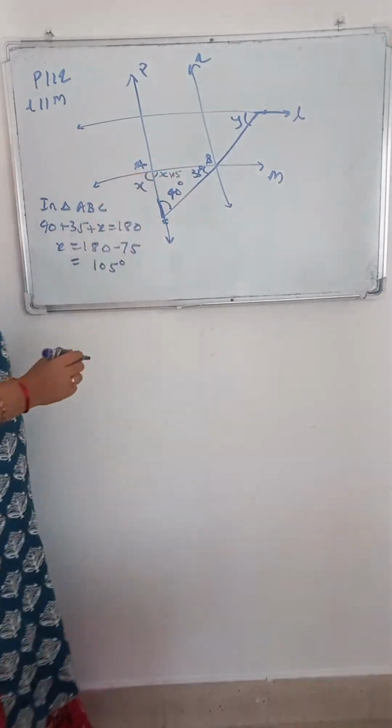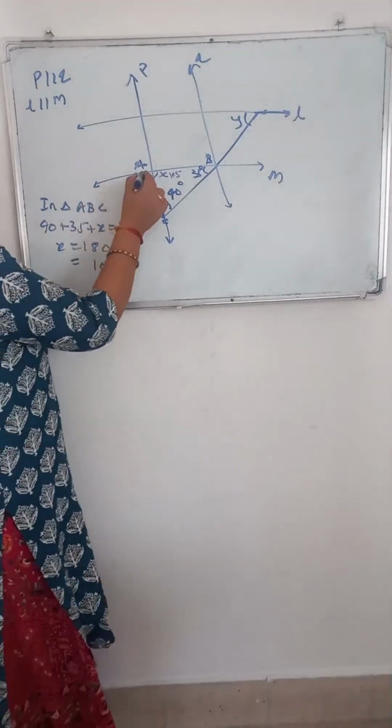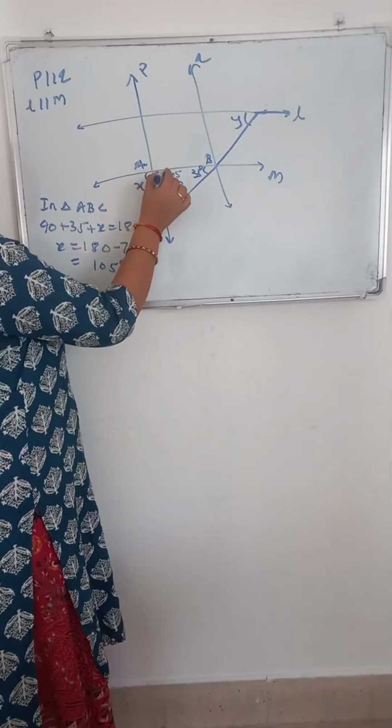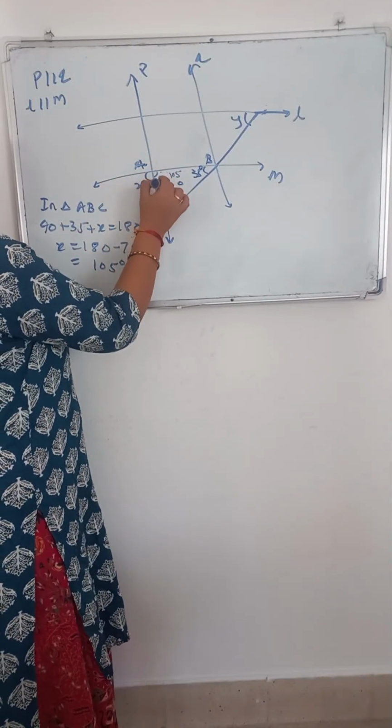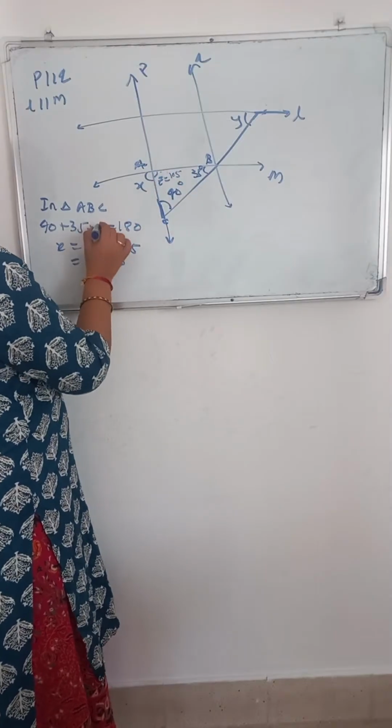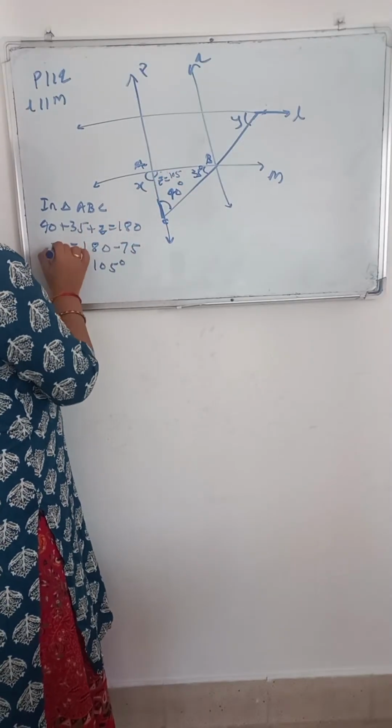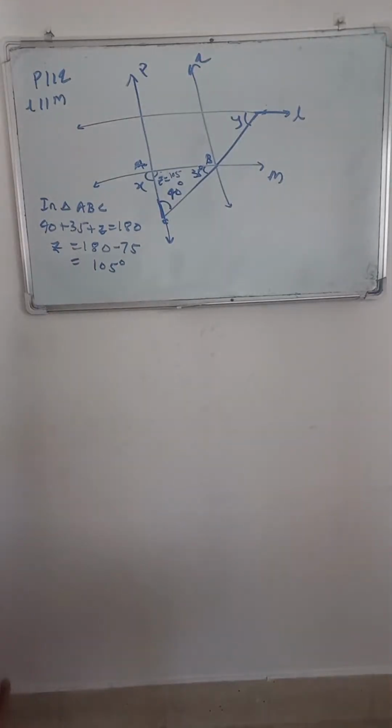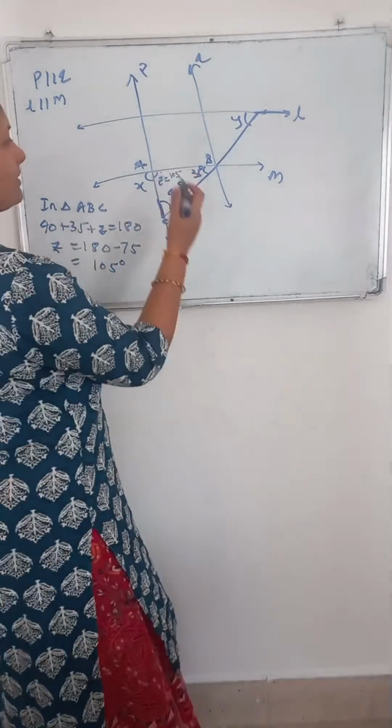Now if you observe closely, this exterior angle I will take as z, because x and y are already there. Now check, z and x are in a linear pair. As they are in a linear pair, the sum is 180.